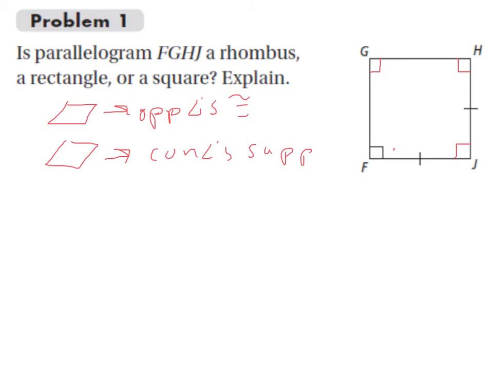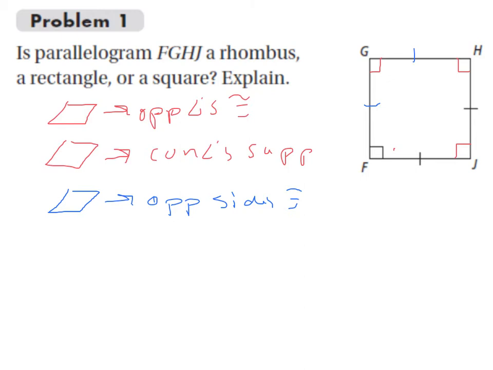So far, it looks like I definitely have a rectangle because all four angles are 90 degrees. Other characteristics I know about a parallelogram, if I have a parallelogram, then I know my opposite sides are congruent. So in my picture, I can say that GF is the same thing as HJ, and FJ is the same thing as GH.